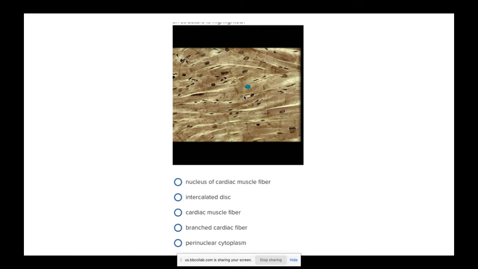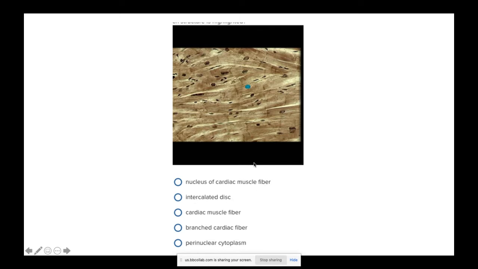The two that had a very striated appearance were skeletal and cardiac. So here we're looking at cardiac muscle. And it just wants to know what this highlighted portion is. All of these highlighted portions that we see here are nuclei of cardiac muscle fiber.